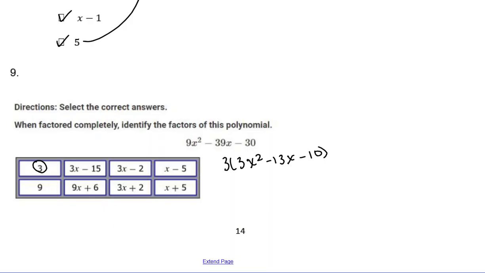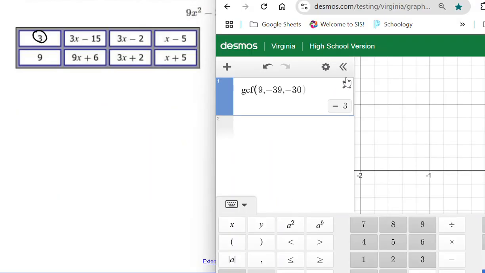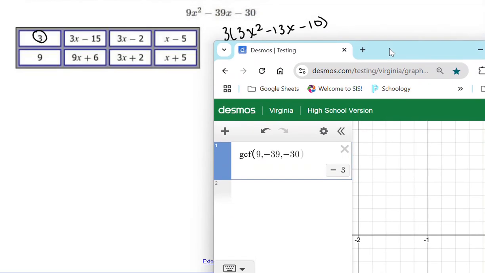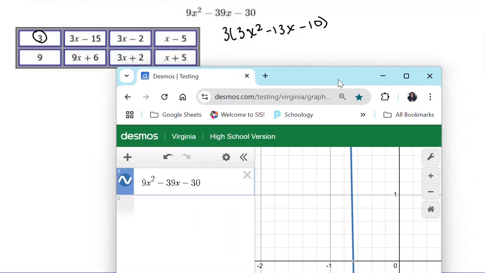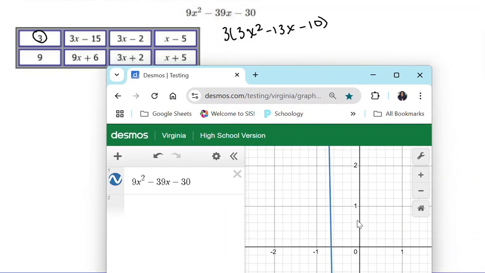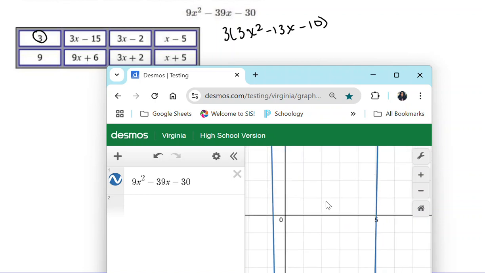So let me graph the original. So I have here 9x squared minus 39x minus 30. And then let me zoom out a little bit. So you guys see the factors, right?